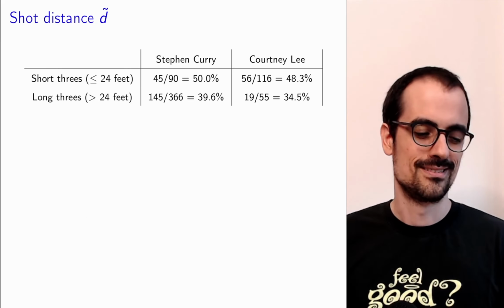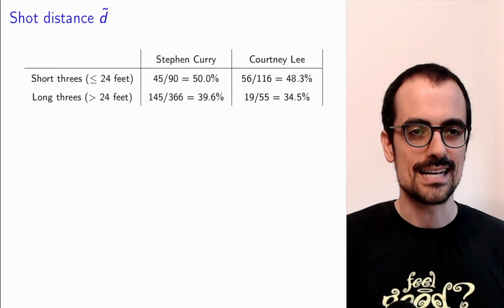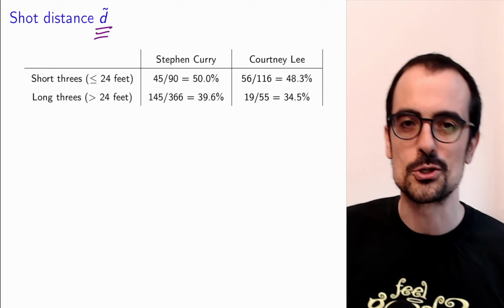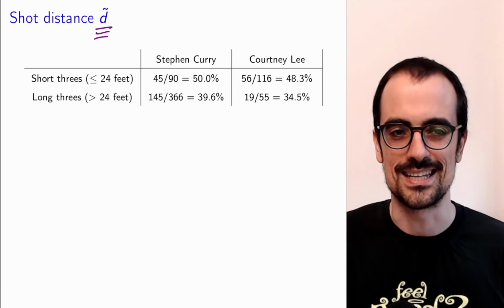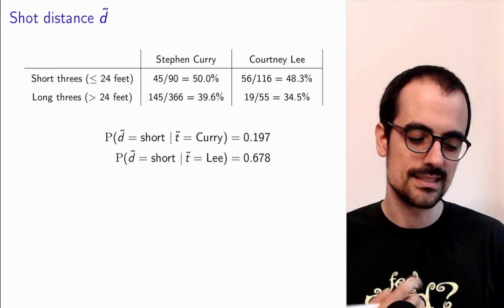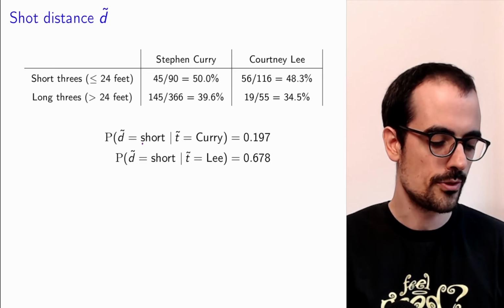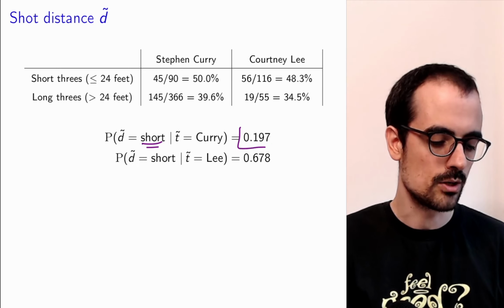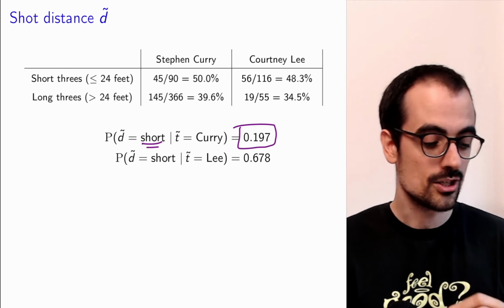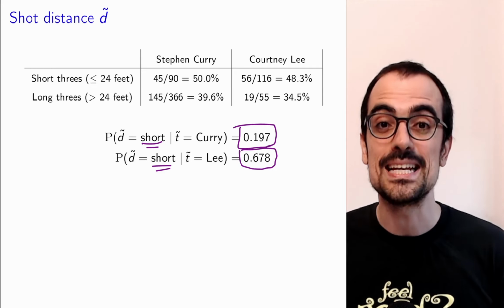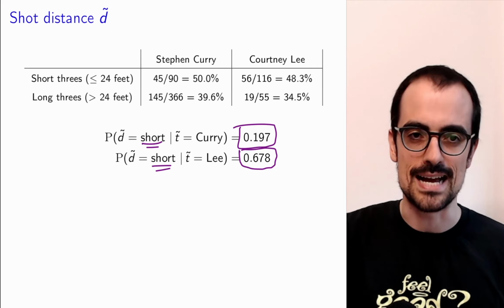So now we go back to the data, and we see that the shot distance D actually plays a very important role in the types of shots that they're shooting. The first thing that we realize is that if we look at the fraction of short threes taken by Curry, it's around 20%. The fraction of short threes taken by Lee is around 68%. It's much, much, much higher.